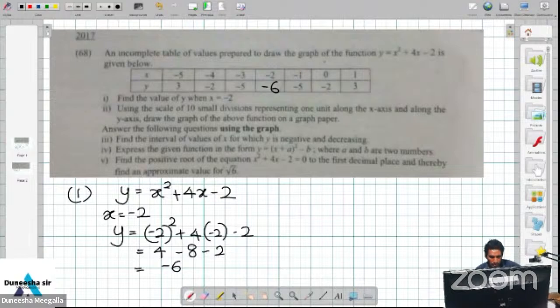Inori, are you drawing the graph? Yes, sir. The answer?